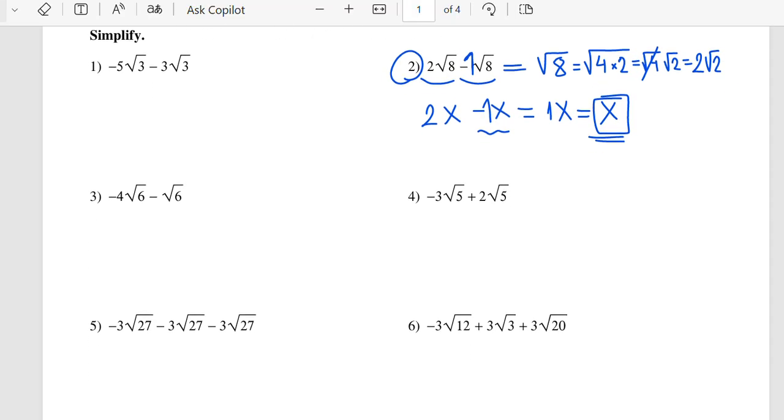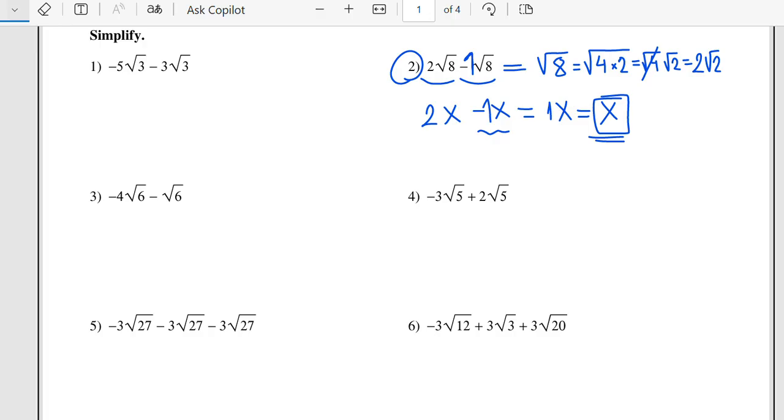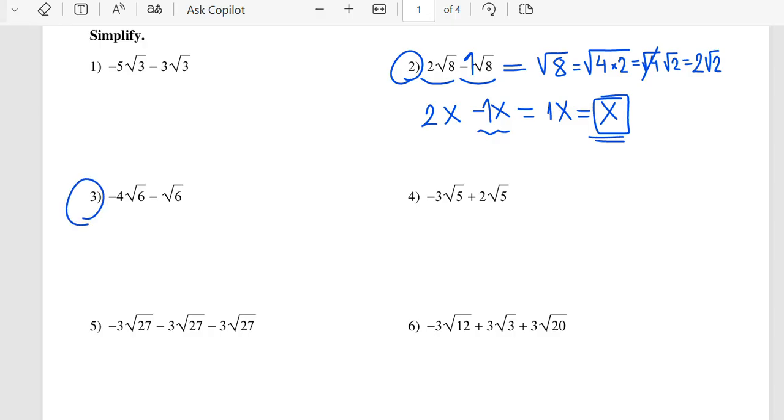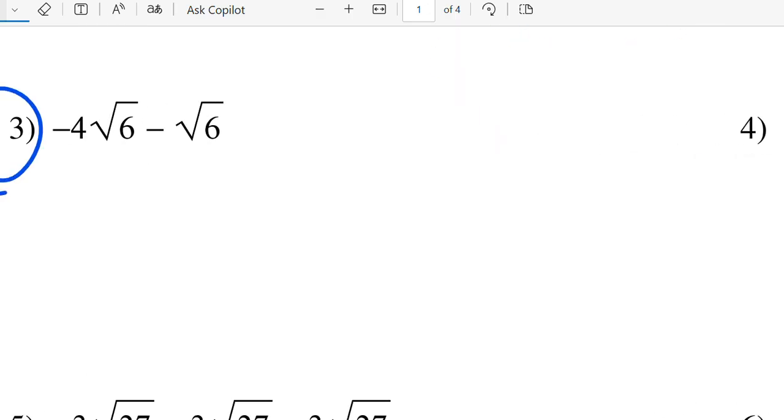All right. Let us try, for example, this one here. Same logic applies here. What do we have? Negative 4 radical 6 and negative 1 more radical 6. Negative 4 and negative 1 is equal to negative 5, right?